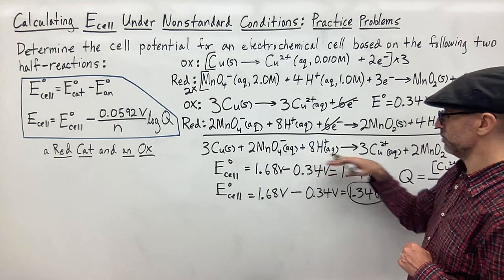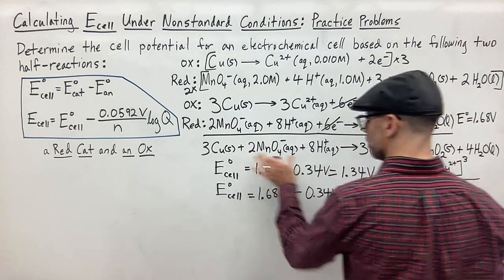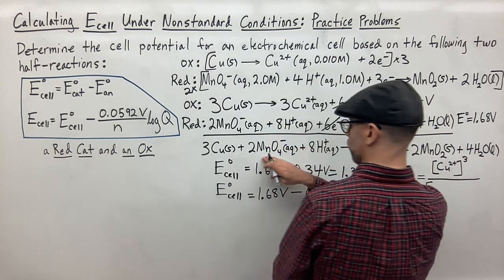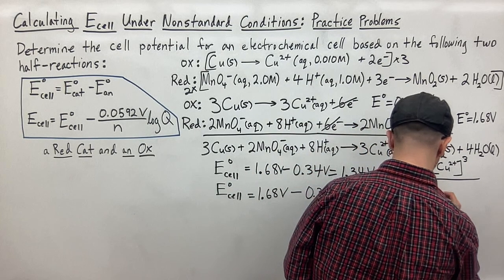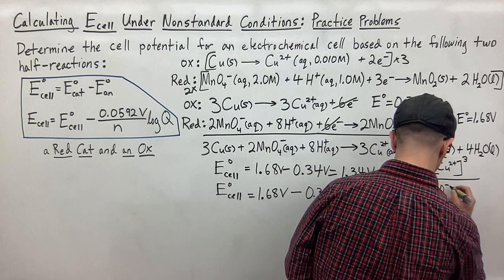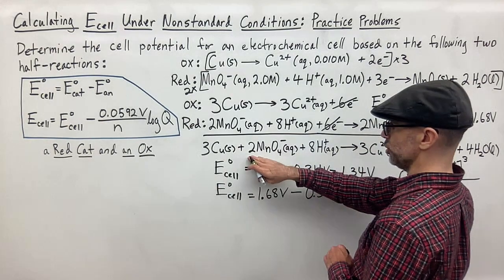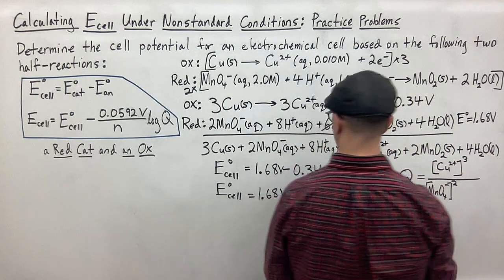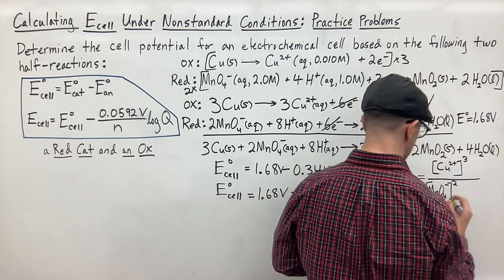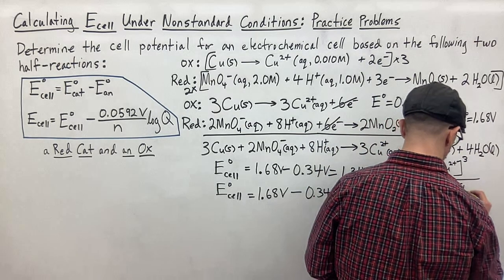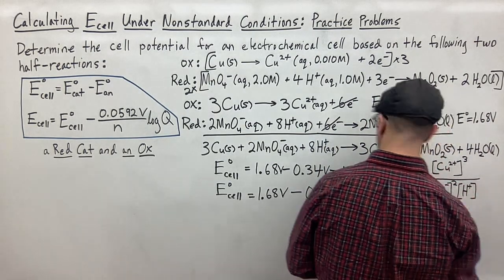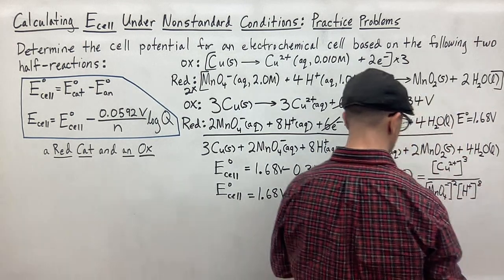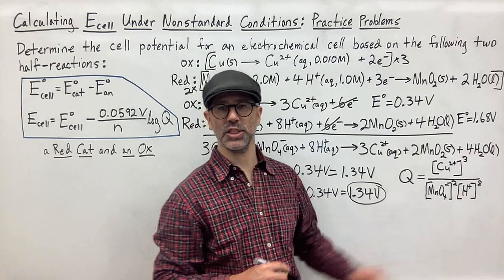So we have the concentration of MnO4 minus, with a coefficient of 2, so squared, multiplied by the concentration of H plus, with an 8, raised to the power of 8. So this is our expression for Q.